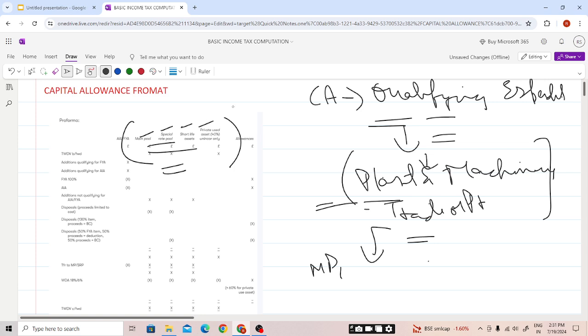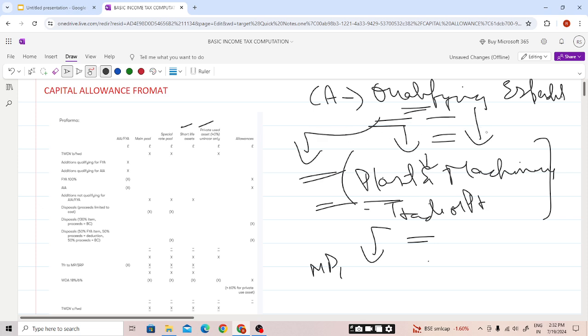Private use means it will be under the head of private use asset. After this students, the format of the capital allowance will start. First, we need to decide which pool the qualifying expenditure falls under: either main pool, special rate pool, or short life asset or private use asset. I hope this is clear.